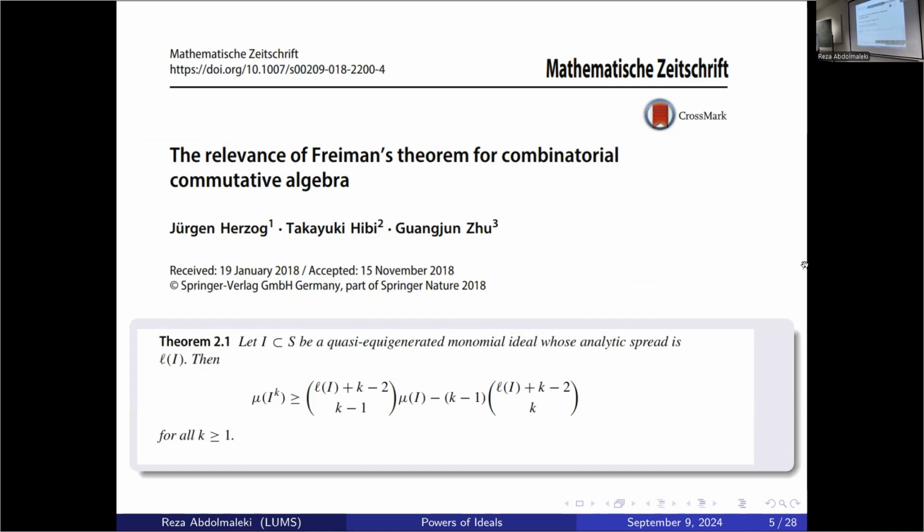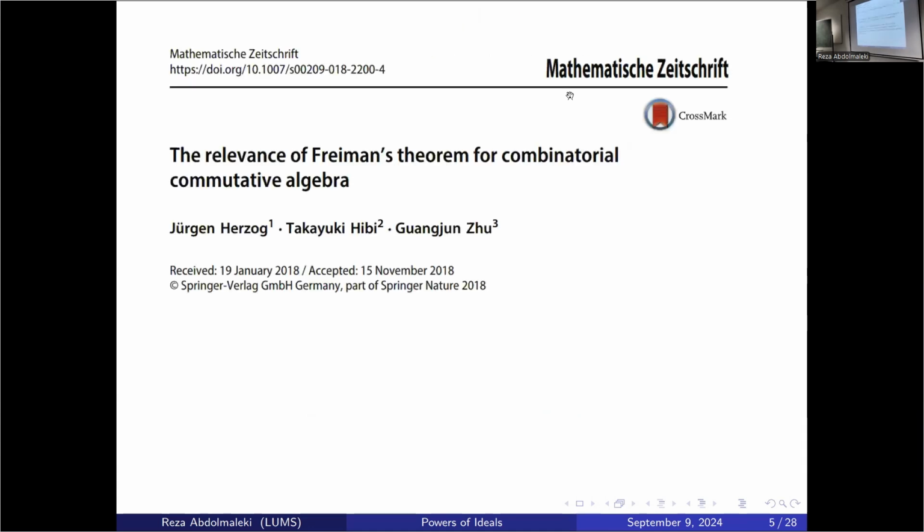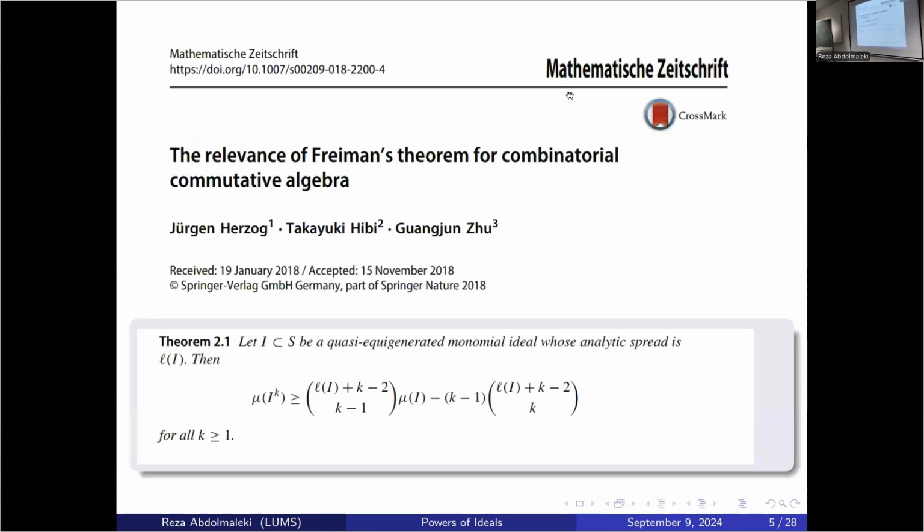We don't care for the moment about quasi-equigenerated ideals, but an equigenerated monomial ideal is a particular kind of quasi-equigenerated ideal. And this is the lower bound. If you check, even the lower bound is increasing, as if you consider the lower bound as a function of k it is increasing. It is not easy to check, but you can check.